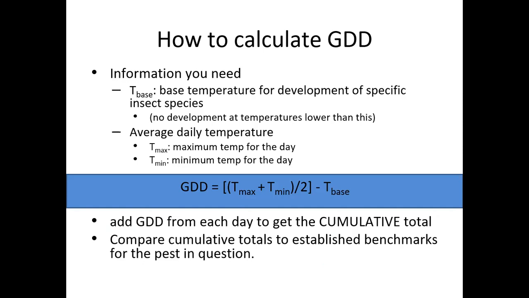And that's a cumulative total. So I'll take the growing degree day from April 1st, and I'll add it to the growing degree day from April 2nd, April 3rd, April 4th, and I'll keep on doing the cumulative total through the growing season. And then I can compare that cumulative growing degree day total to established benchmarks of pest development.